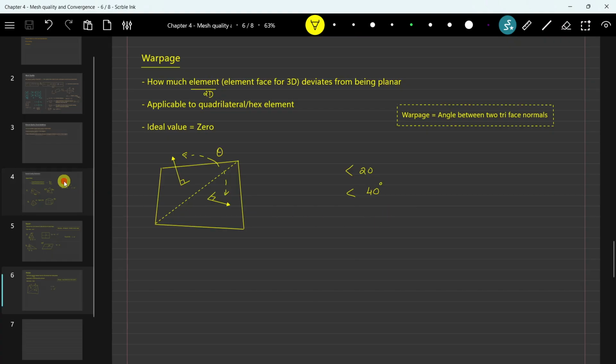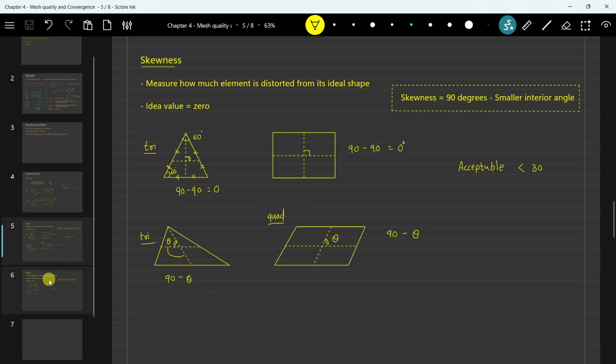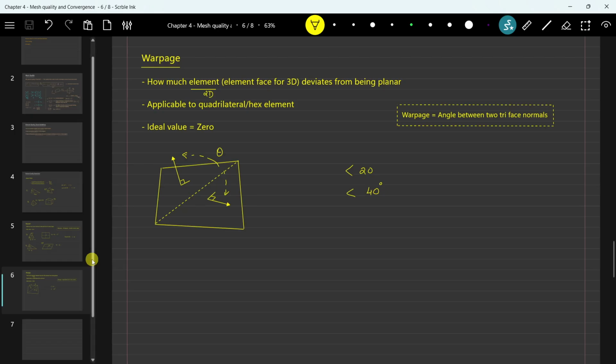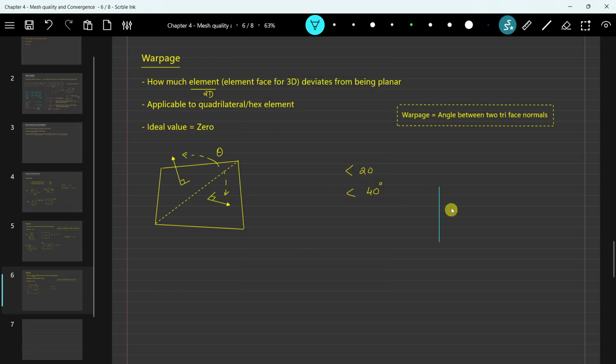So these are the important quality parameters: aspect ratio, skewness, and warpage. There are some more element quality parameters. For example, Jacobian, which we have seen in an earlier lecture, and not all the softwares report Jacobian.